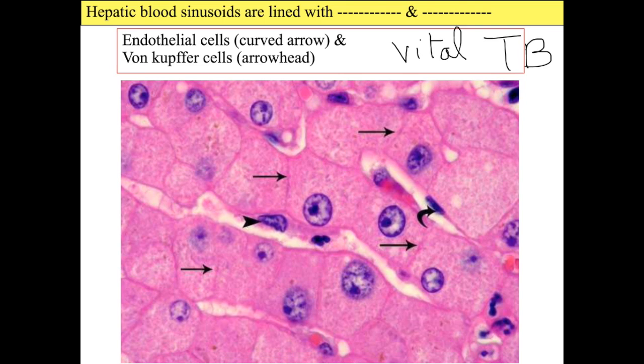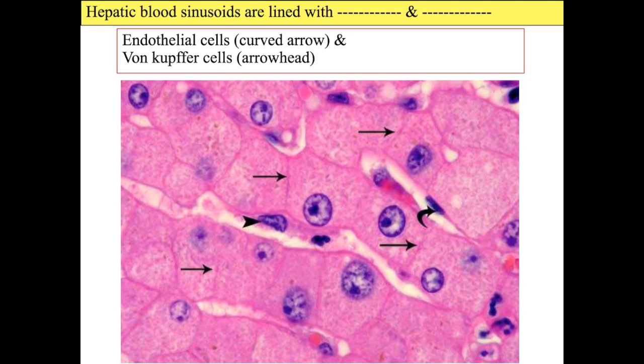What is the function? As we have said, it is the clearing of the blood and phagocytosis of bacteria and microorganisms in this blood, in addition to the phagocytosis of RBCs. They are in close relation to the RBCs here, so they can phagocytose all the RBCs, and that will help in the formation of bile pigment.